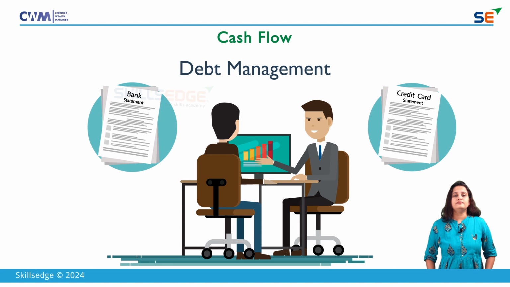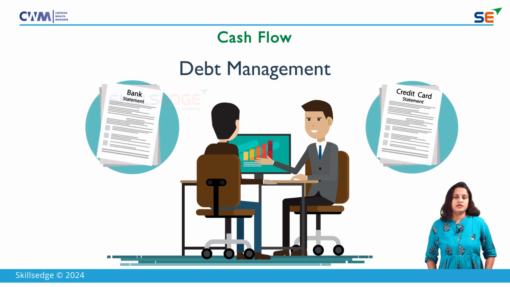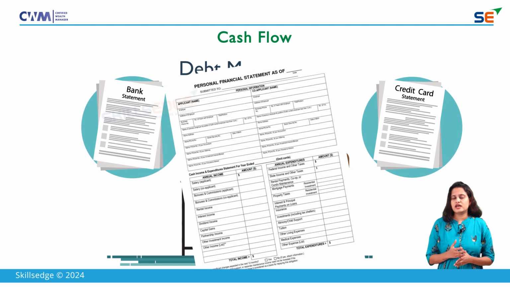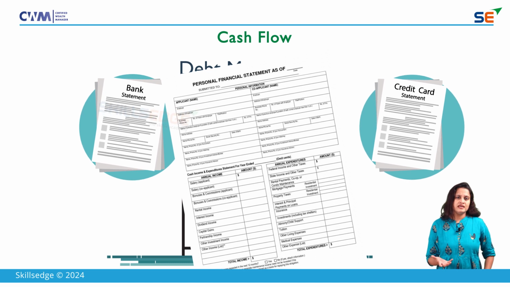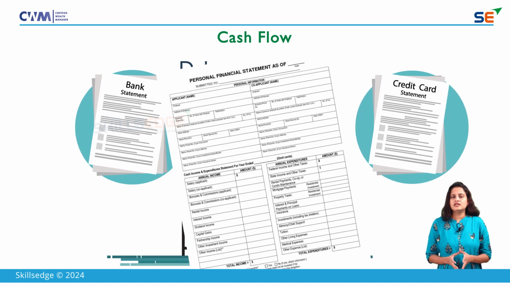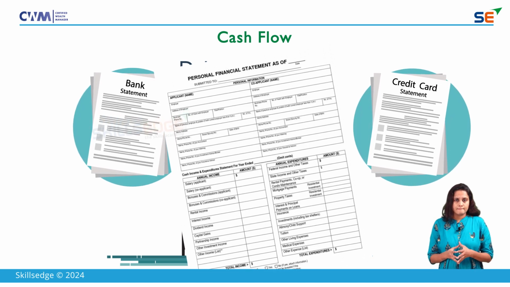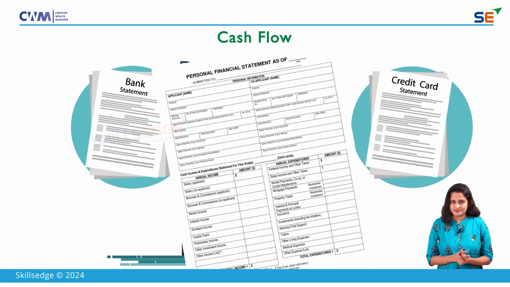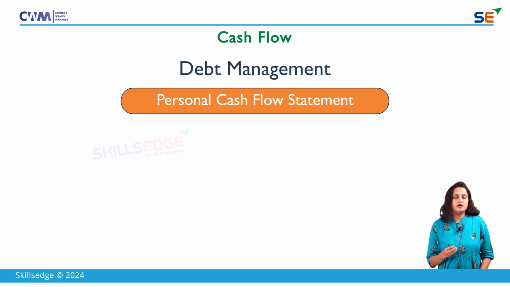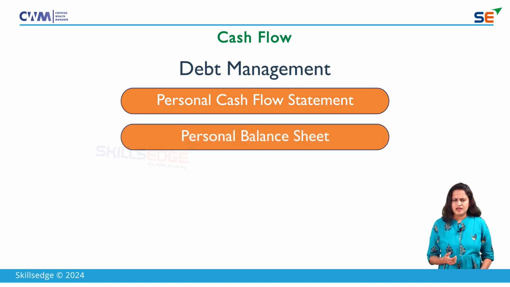To avoid this problem, one simple method to manage their income and expenditure is to let them have their personal financial statement, just like the corporate financial statements, which gives them an indication of their financial condition, which is helpful in budget planning. There are two types of personal financial statements, namely the personal cash flow statement and the personal balance sheet. Let us try to explore this in detail.